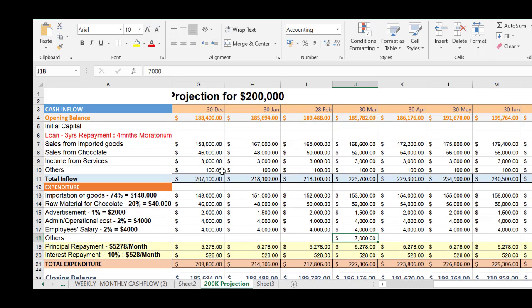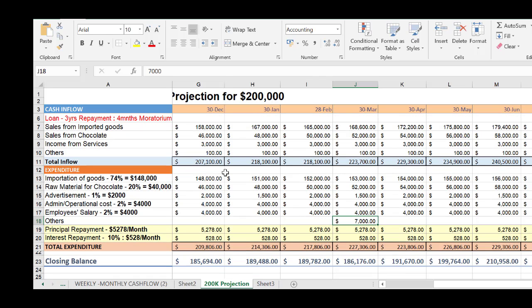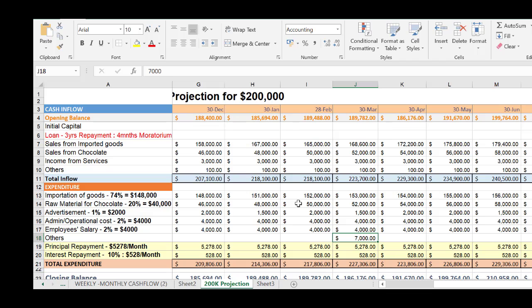So I would just want you to study around, be realistic when you are projecting your cash flow. Don't copy exactly what I do. Study cash flow so that you can apply the same thing in your organization, in your business, not only when seeking a loan or grants or any other thing, but as proof that with this guideline I can manage my cash.